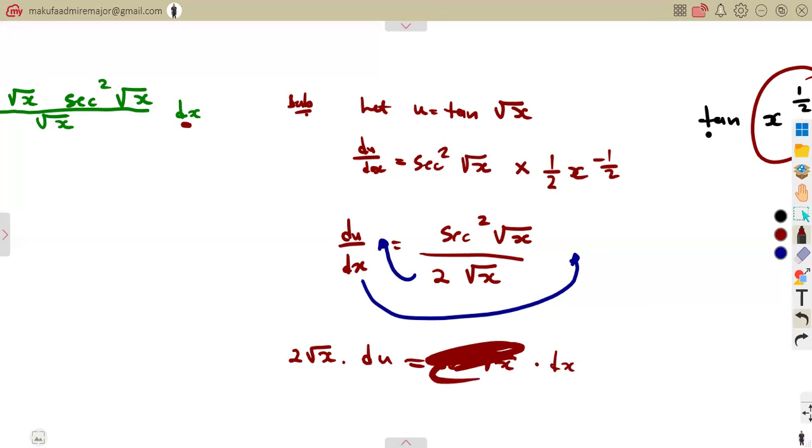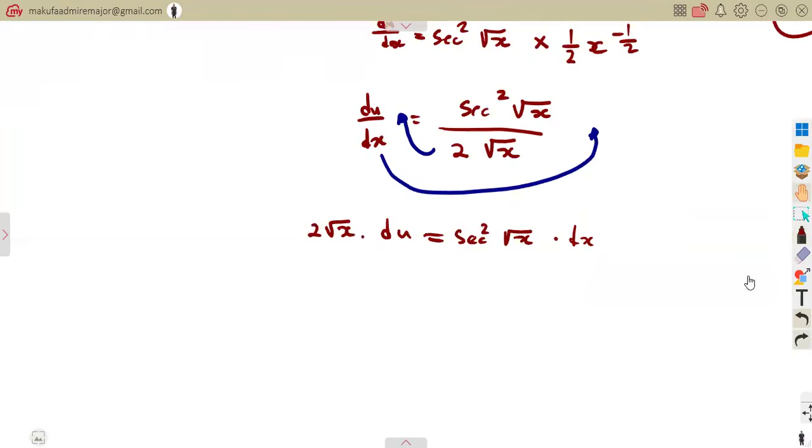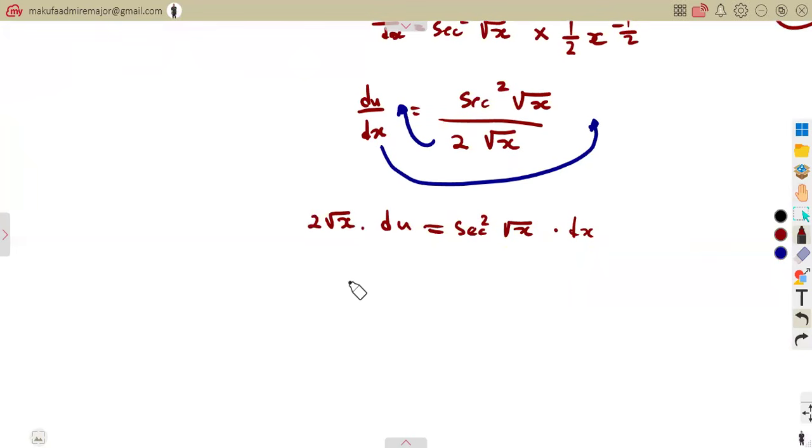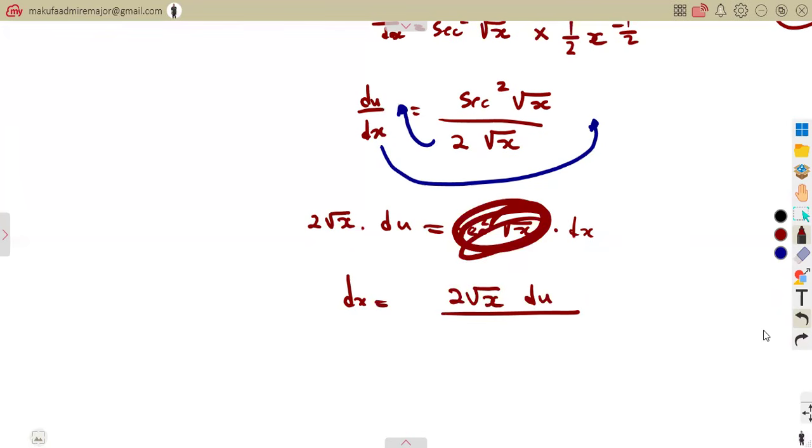We divide by this since we need the dx. So that means our dx is going to be 2 square root of x du over sec squared of the square root of x. This is where we are.